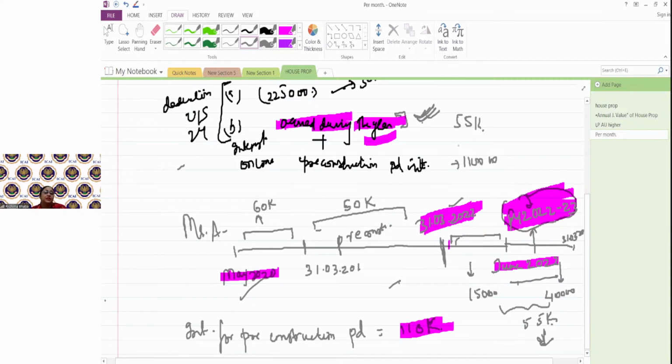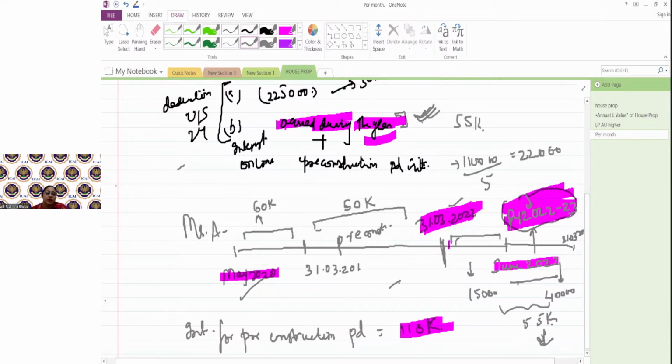So the government says do not claim it all at once, claim it in 5 installments, every year starting from the year in which the construction was completed. So I will claim 22,000 in the previous year, which is 1/5, previous year 22-23.